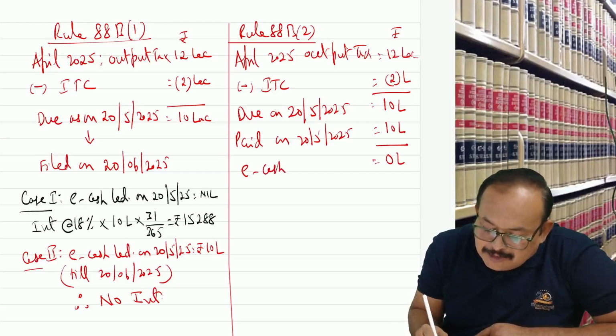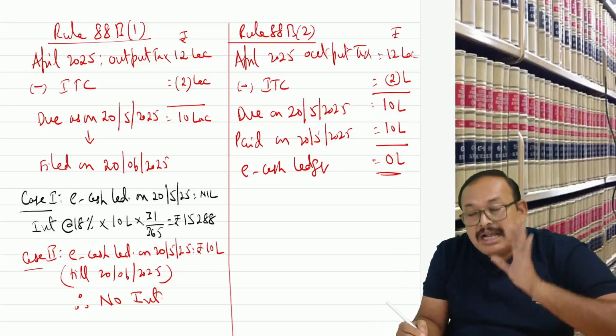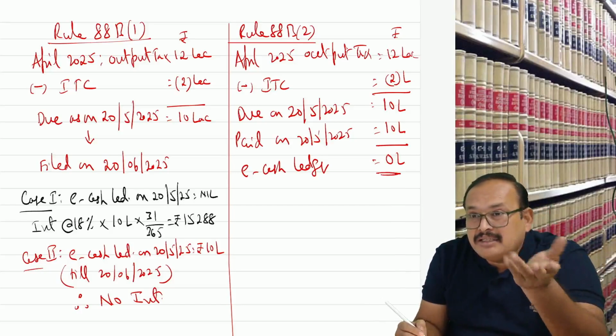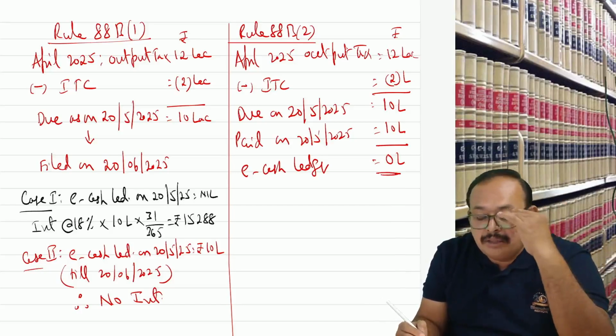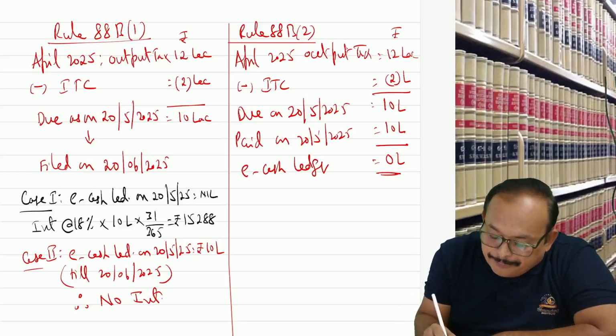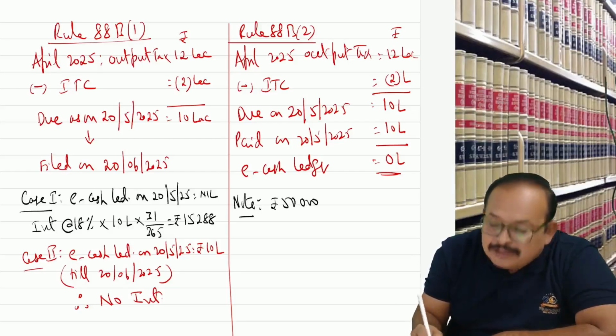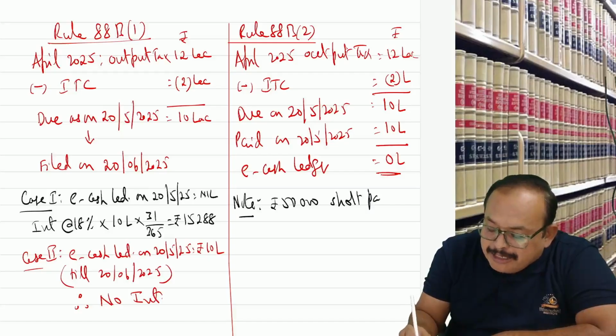Electronic cash ledger is how much? 0. That means have I filed the return or not? Return submitted. Then here a note: rupees 50,000 short paid.